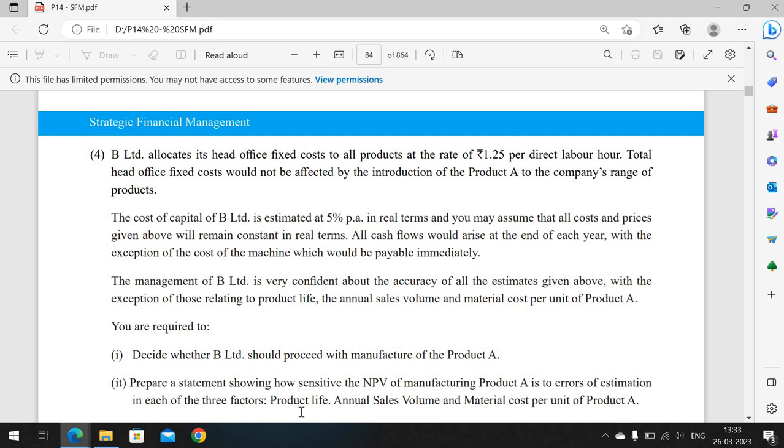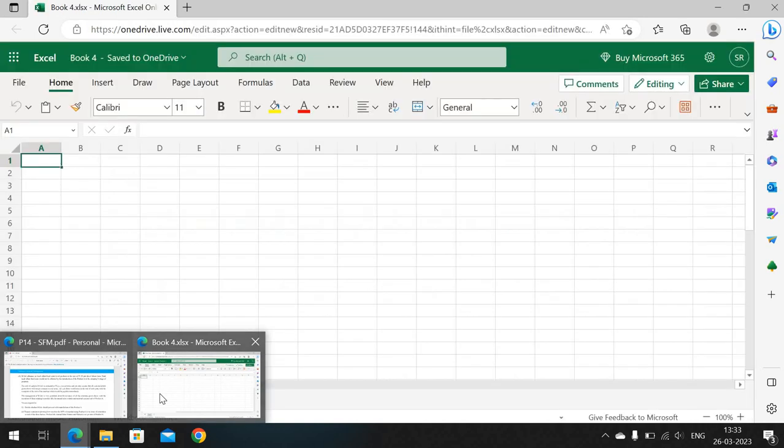That is, what is the tolerance limit we are going to see. If project life is changing, all the other elements remain constant, that is, discount rate, everything remains constant. We need to calculate that also. So first we will calculate NPV.